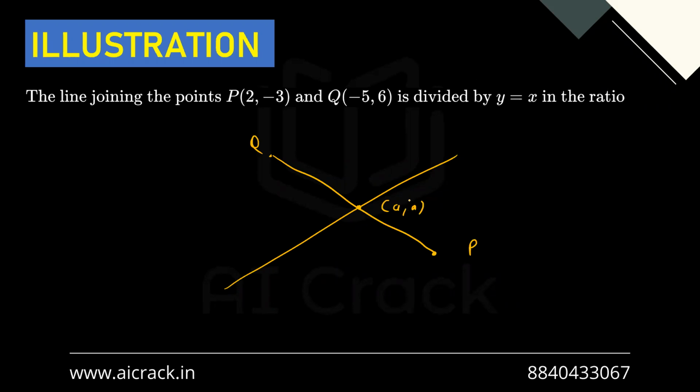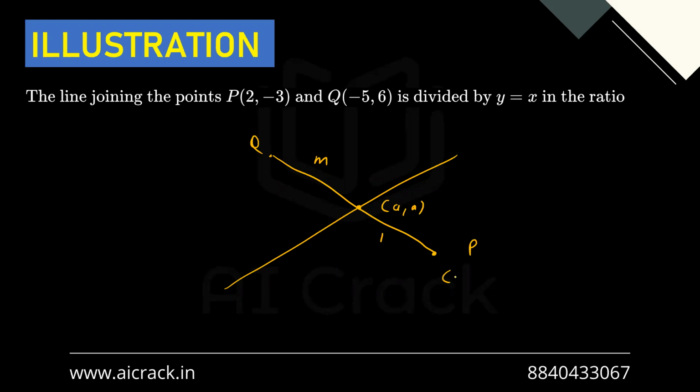But both the coordinates would be the same, because this is a part of y equals to x, right? Now let's say this is dividing this entire line PQ in the ratio m is to 1. So remember that thing. I'll be using m is to 1 rather than m is to n as a ratio.